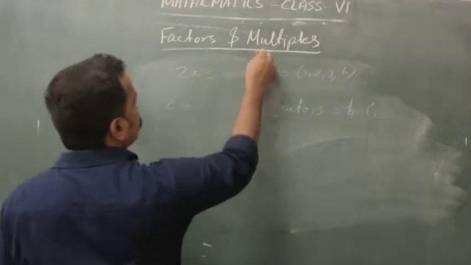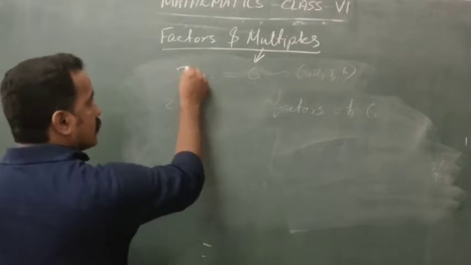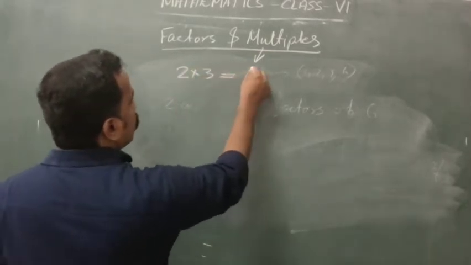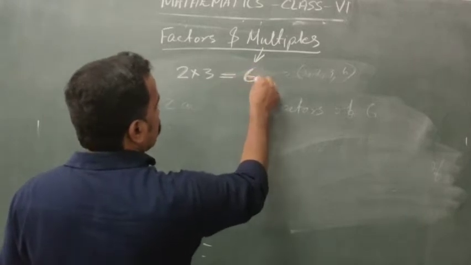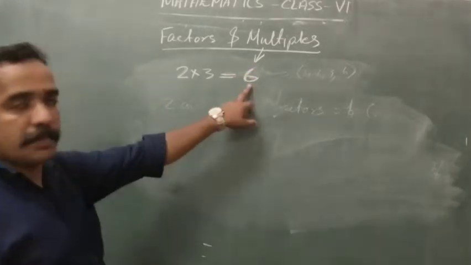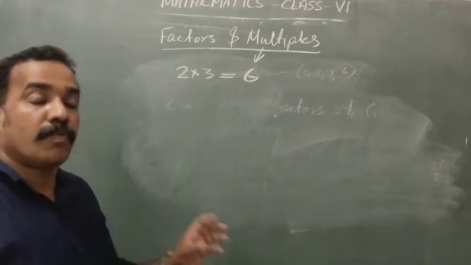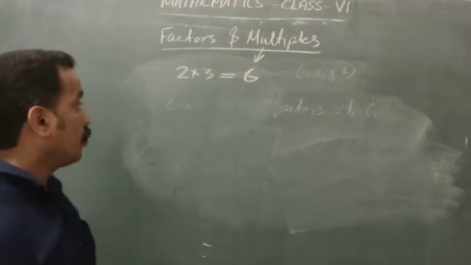Multiples. Here, same example, 2 into 3 is equal to 6. That means 6 is a multiple of 2 and 3. And what are the other multiples of 2?